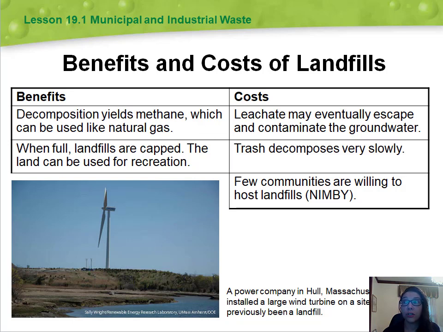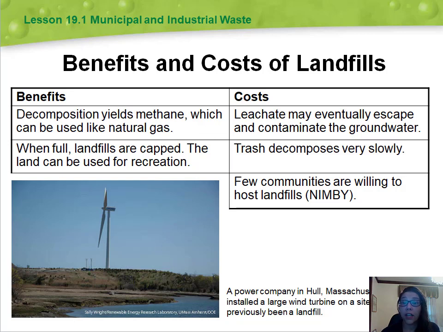So just to review, the benefits are that we get methane, which can be used just like natural gas to create energy. And then landfills, once they are no longer being used, can be capped and covered and used for recreational areas.